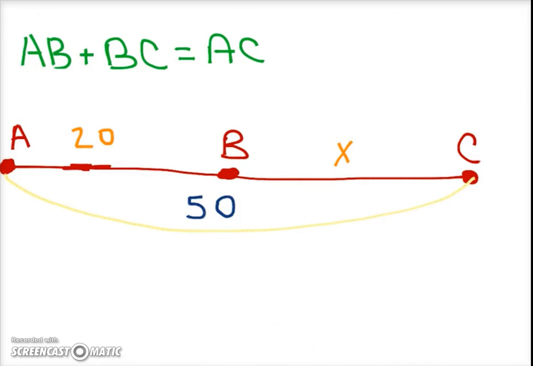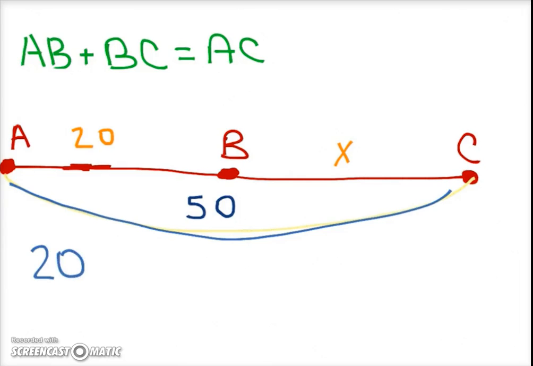So now this is when we're going to get a little bit harder. You can see that AB is 20 and BC is x. It's an unknown number. But we see that the entire AC equals 50. So let's use our formula. A to B is 20 plus BC.